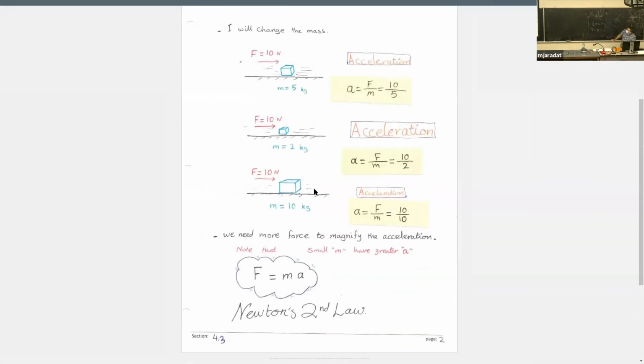We have this example. We have a mass. We have 3 masses, by the way: 5 kilograms, and the second one, 2 kilograms, and 10 kilograms.